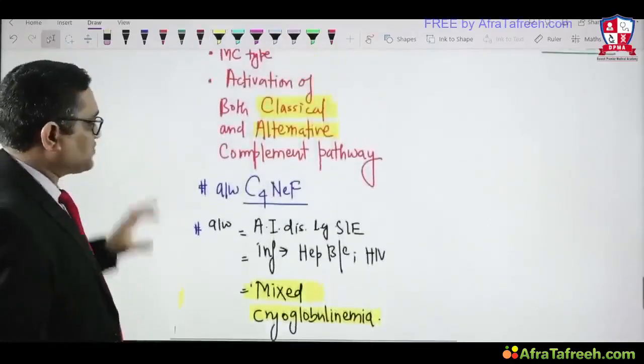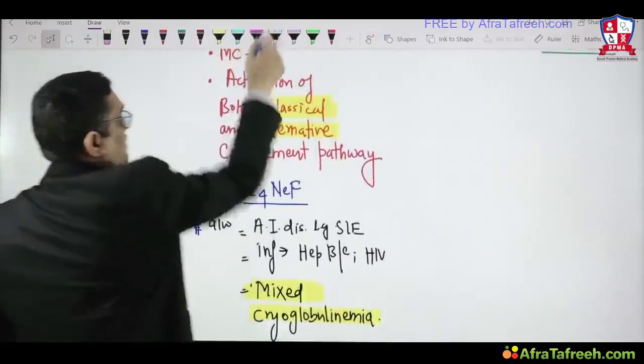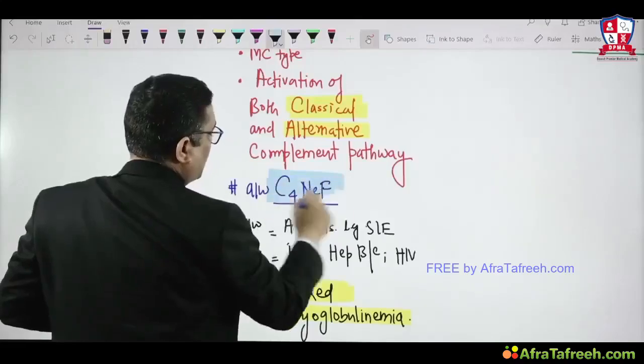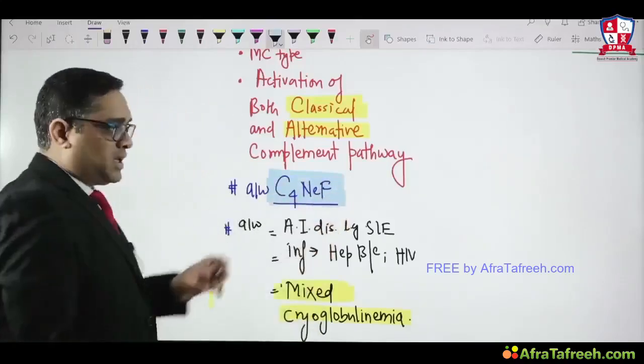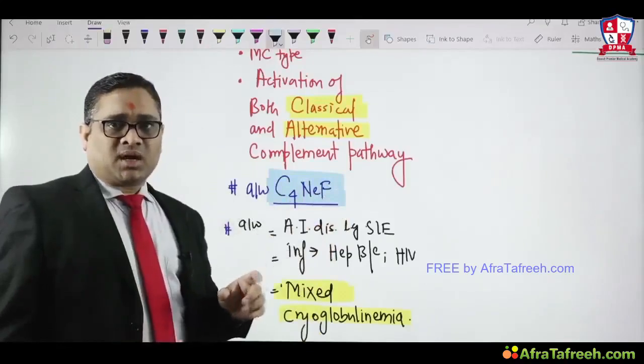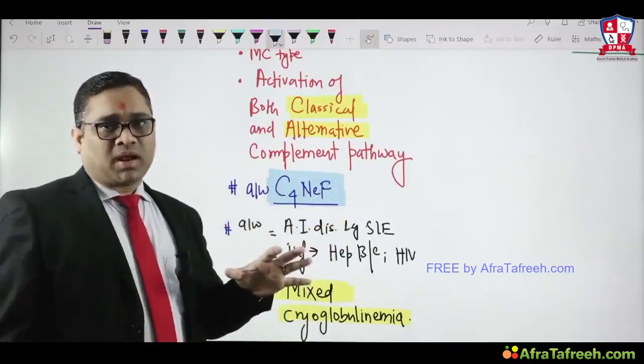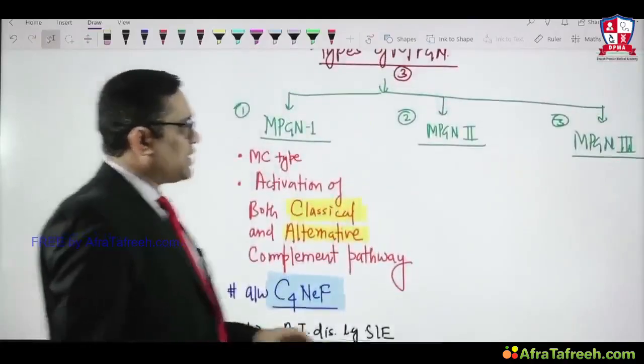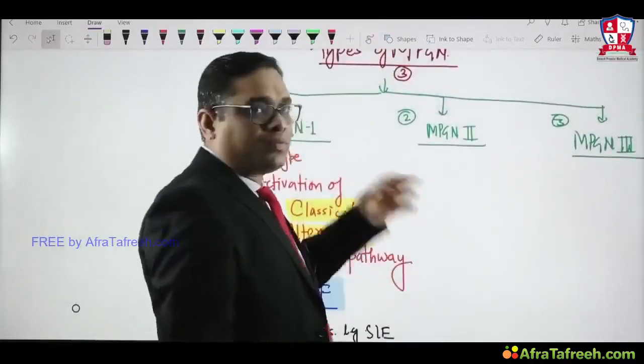For type 2 MPGN, here we have to focus on one thing for future exams. In the previous discussion, the nephritic factor was C4NeF, which stabilizes C3 convertase, and that is why there is hypocomplementemia, as the complement pathway is activated.